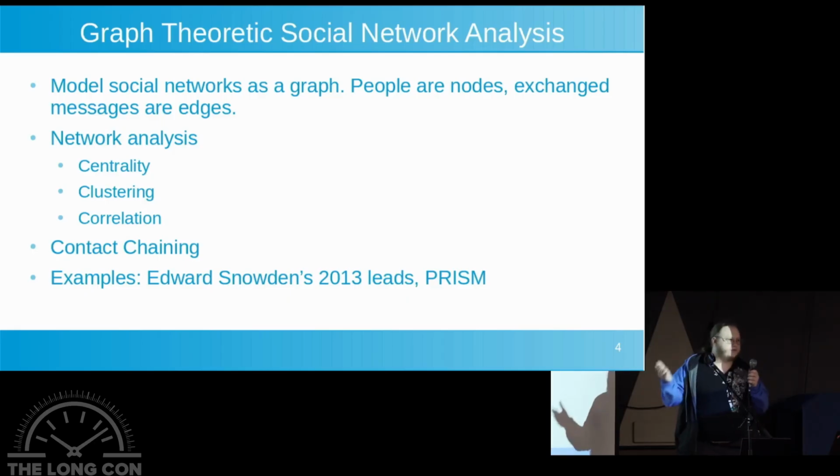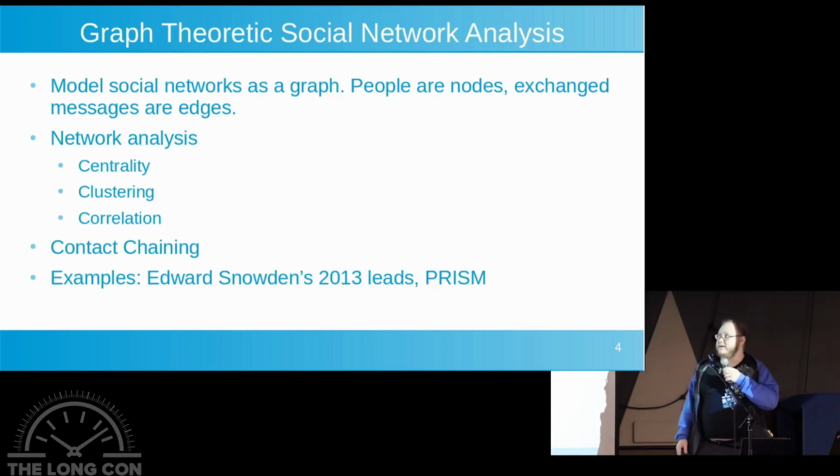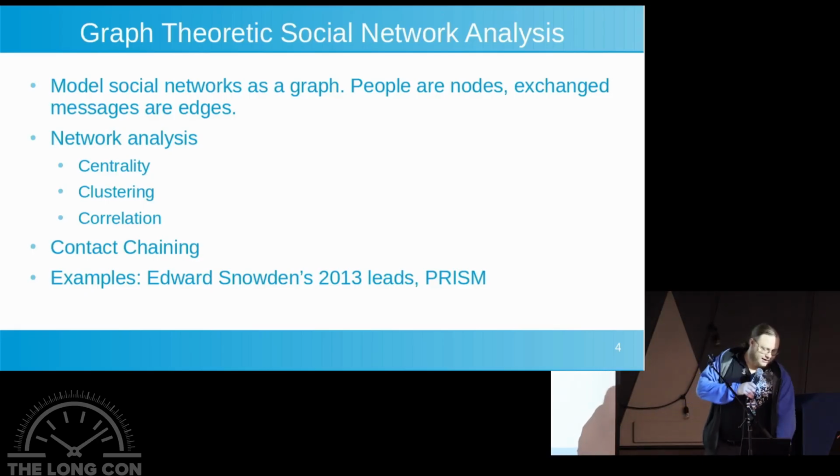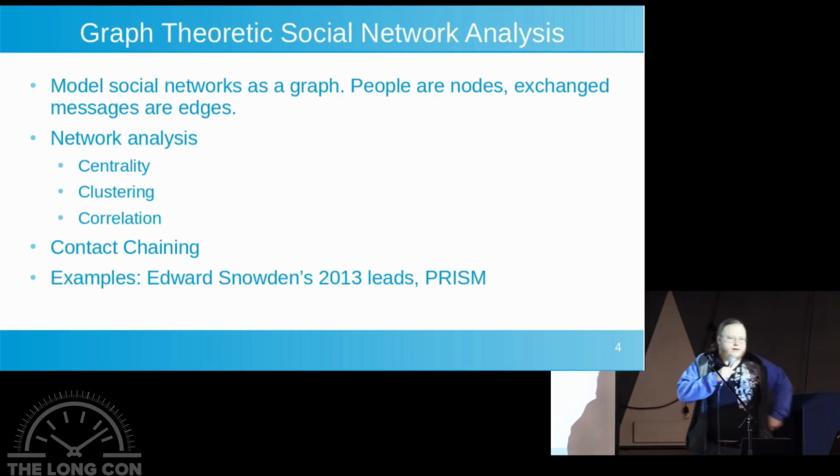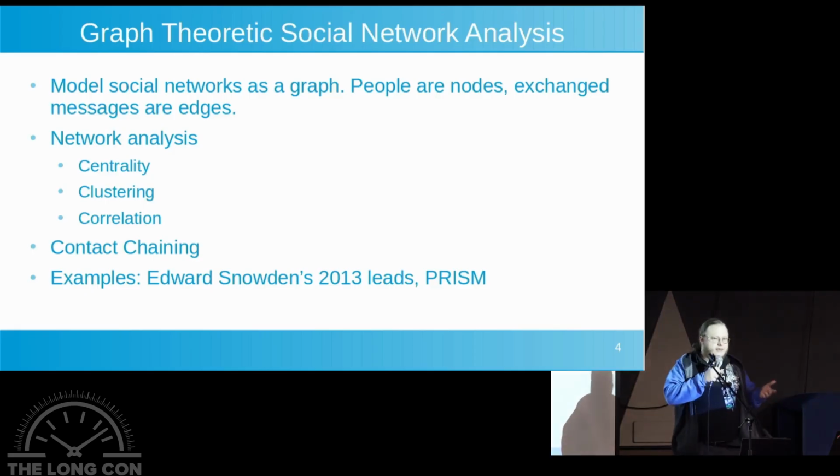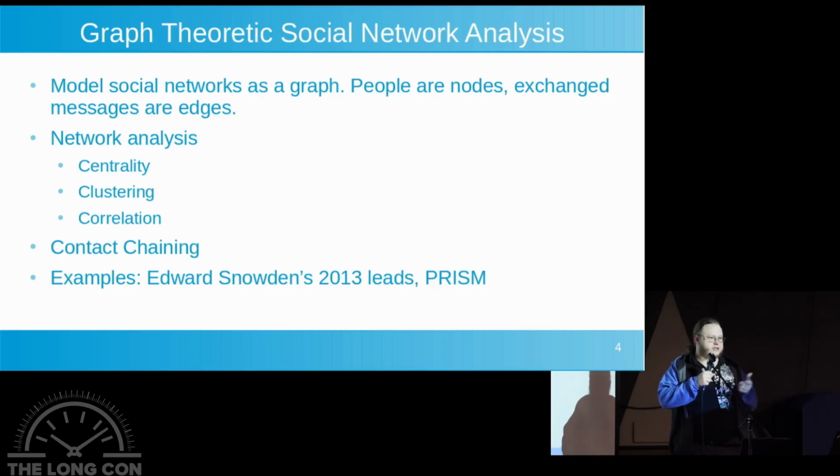But why should you even care about metadata? Well, let me tell you about graph theoretic social network analysis. The security of message content is non-trivial. It's useful that applications like Signal are able to provide that.